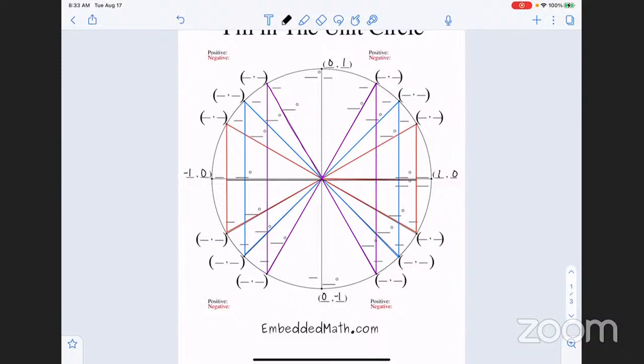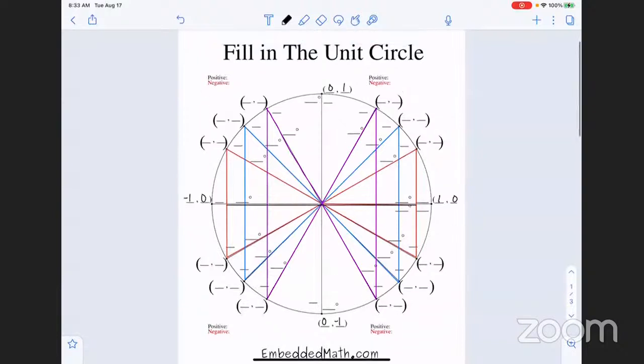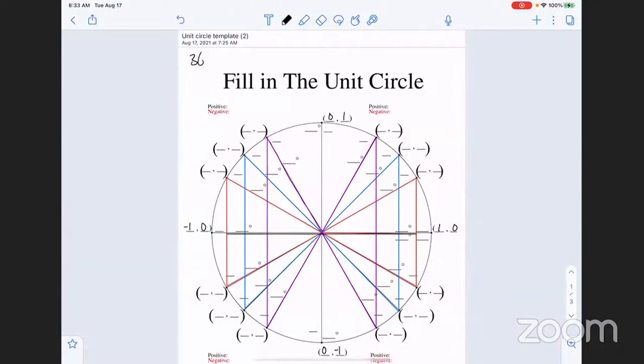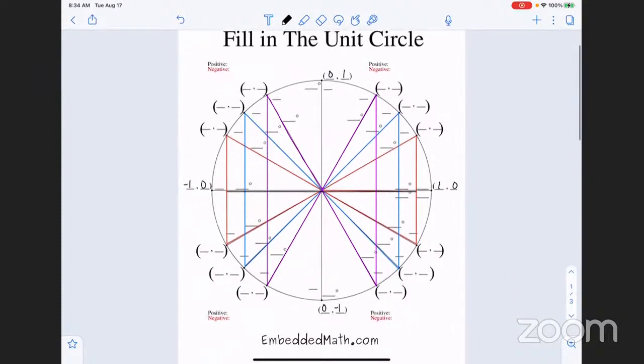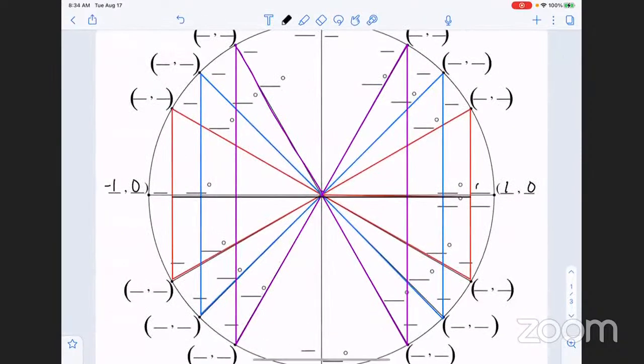We're going to start with the angles, the very easy angles. We know 360 degrees and 0 degrees. 360 degrees is equal to 2 pi. 180 degrees is equal to pi. So 0 degrees is here, 180 degrees, and 360 degrees.